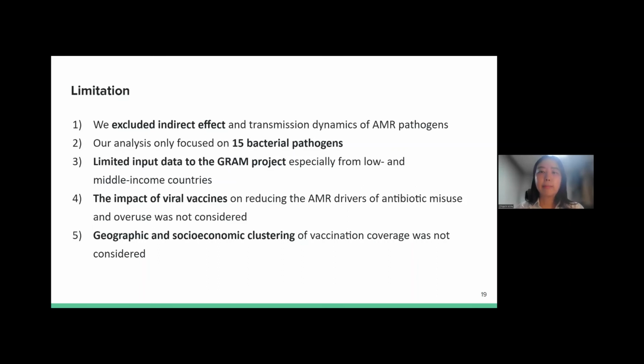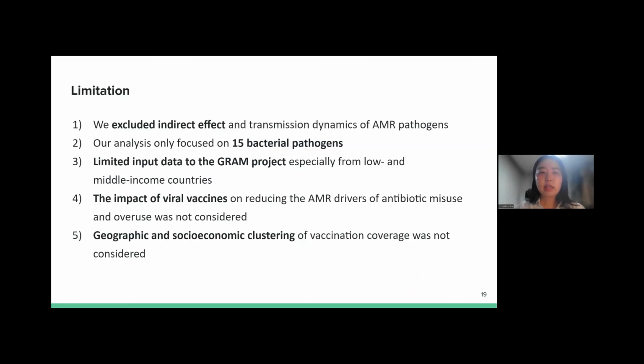There could be an impact of vaccines on other bacterial pathogens that we did not take into account in our study. And thirdly, we use the data from the GRAM project, and this data also has its own limitation with limited input from low and middle income countries.